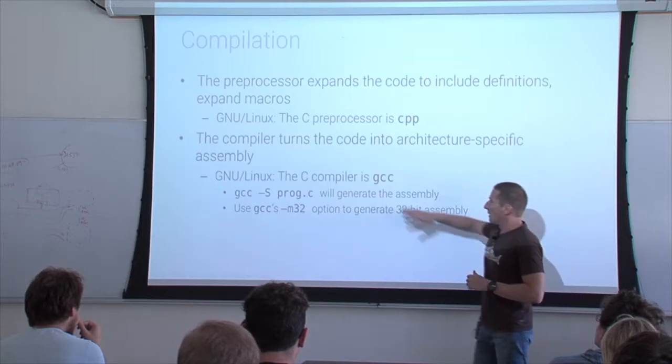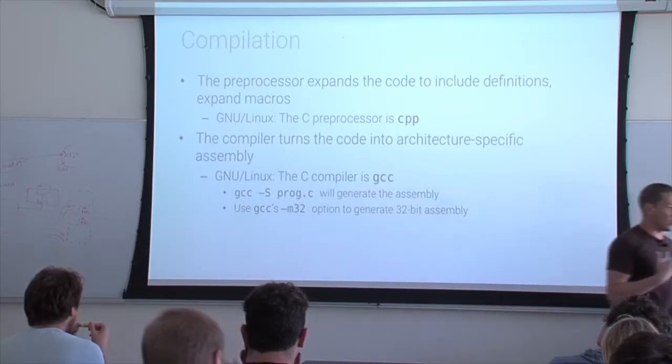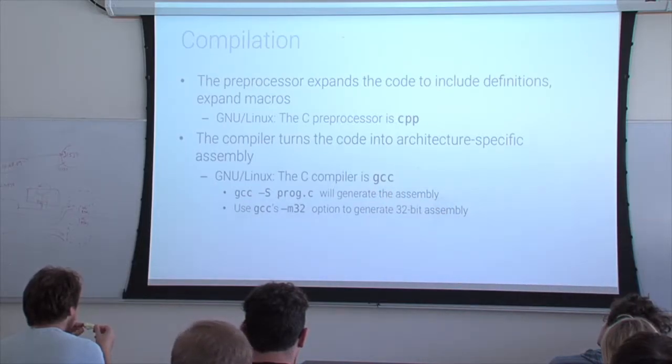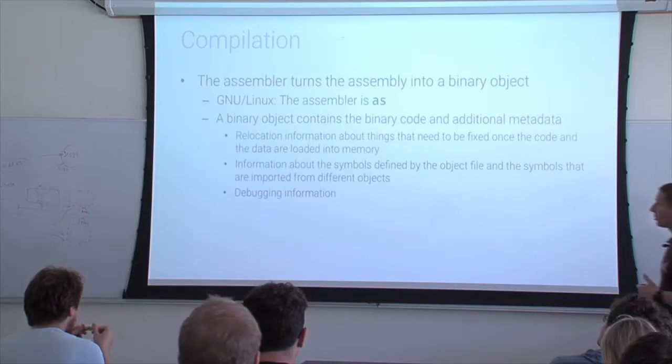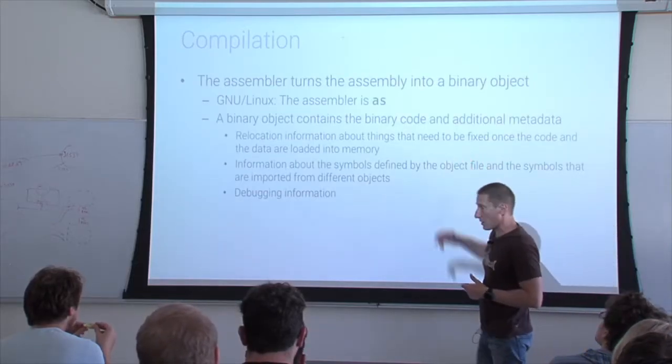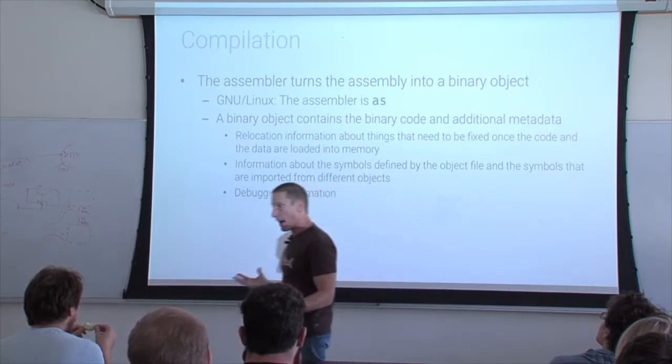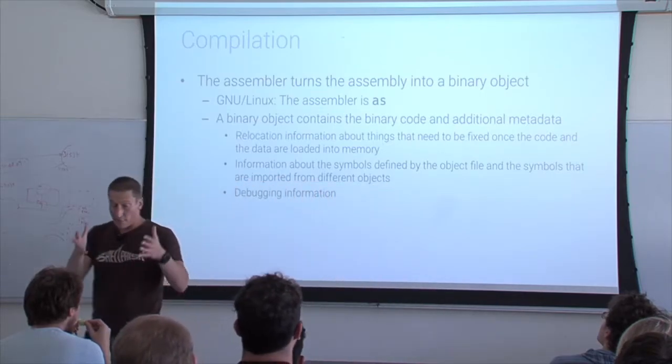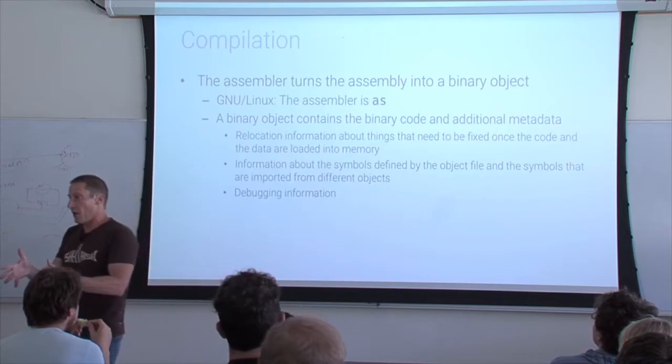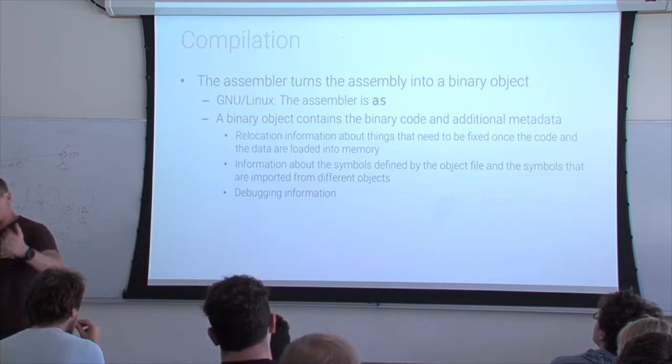If you compile and link, of course, you will get to an object code. You do this through the assembler, which takes the assembly and generates a binary object. So you go from the C as you know it. After the preprocessor, you take all the macros and includes.